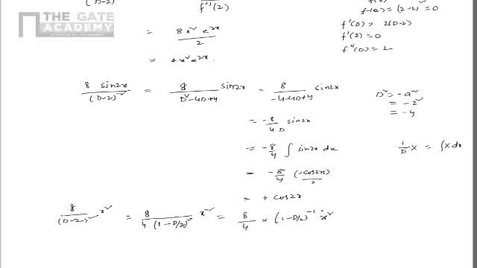Now I need to expand the series (1 − D/2) to the power −2. So this is basically in a binomial sense I need to expand. Let me call 8 by 4 as 2, I mean 8 by 4 is 2 in fact. Let me expand this using the binomial theorem.